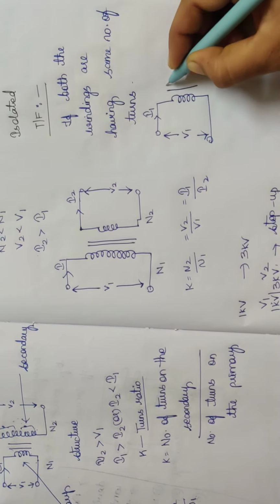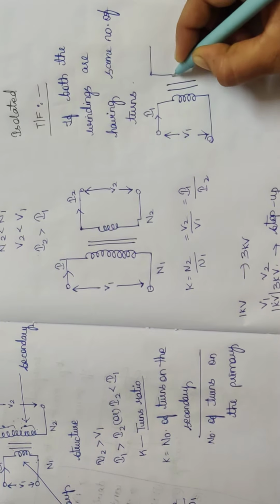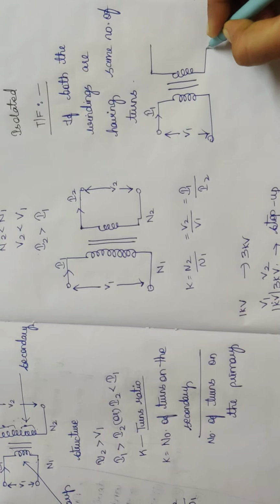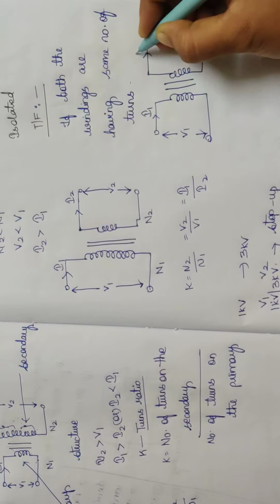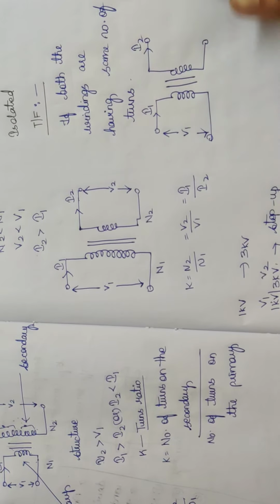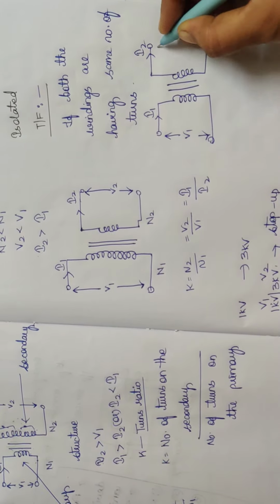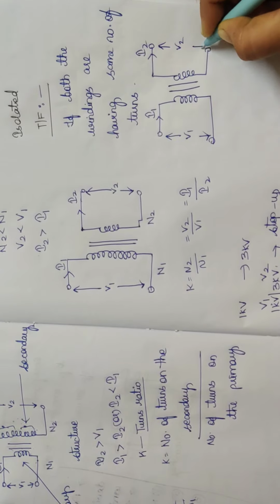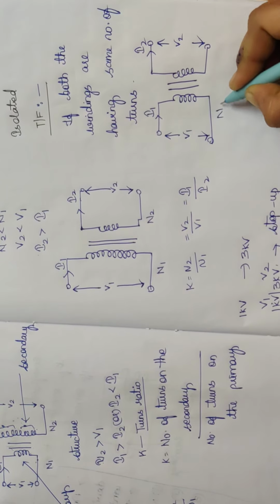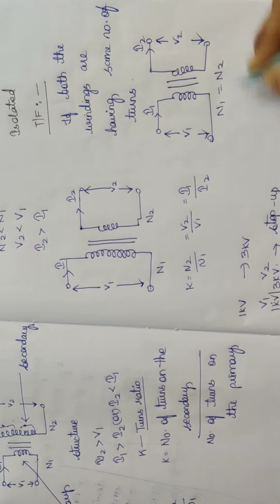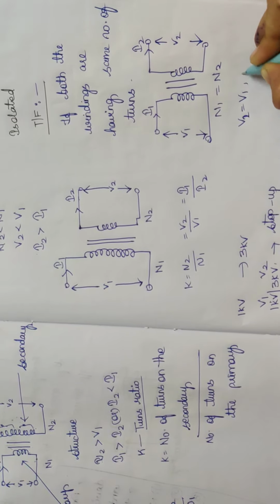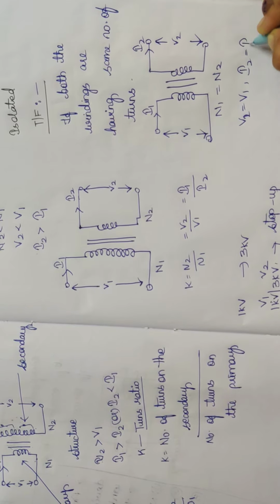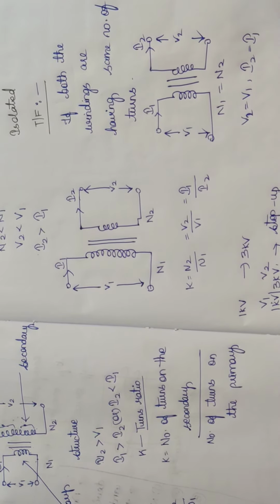So whatever voltage you get, that same voltage is transferred to the secondary winding, that is V2, and the current is I2. Here N1 is equal to N2. That means V2 is equal to V1 and I2 is equal to I1. This is your isolated transformer.